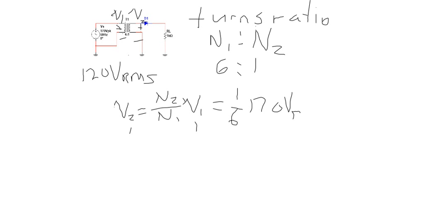I did something wrong. Let's try that again. 170 divided by 6. Yeah, 28.3 volts. And again, that's a peak voltage. I put a peak voltage into the formula. I got a peak voltage out.